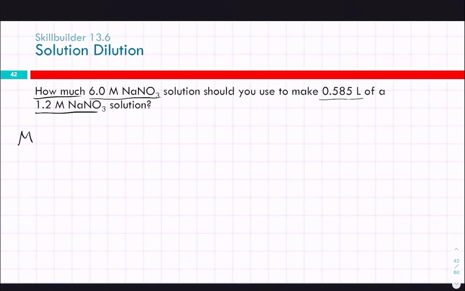So our equation is M1V1 equals M2V2. So we're going to have M1, and we're going to have a V1. We're going to have an M2 and a V2.